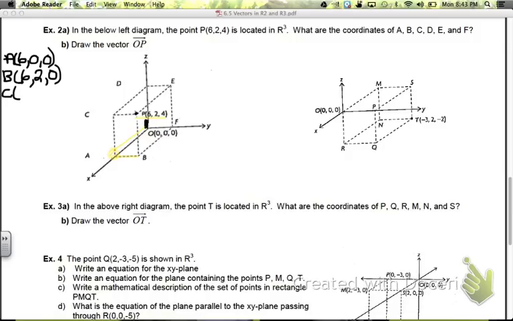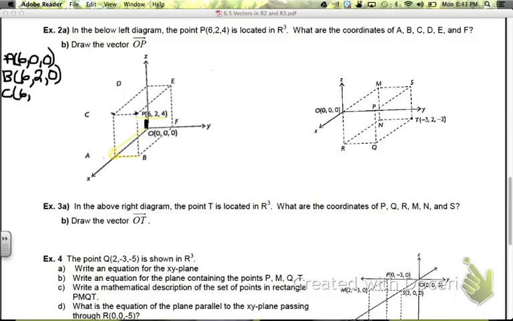Now C. So always start with your x-axis. C, okay, is at the front of our shape. So our first step is to move from our origin to A, so we have our 6 units.